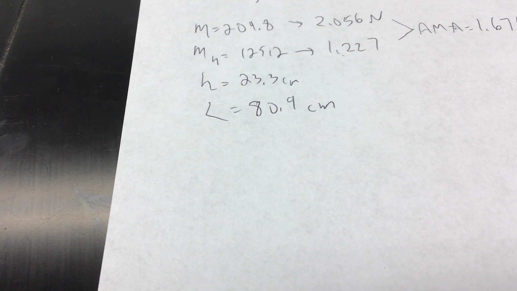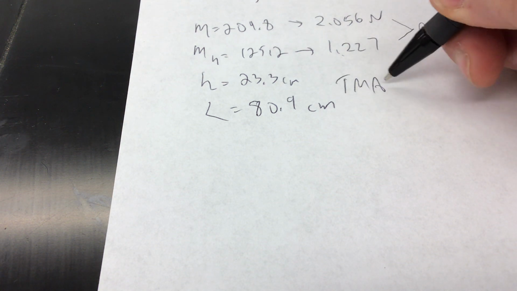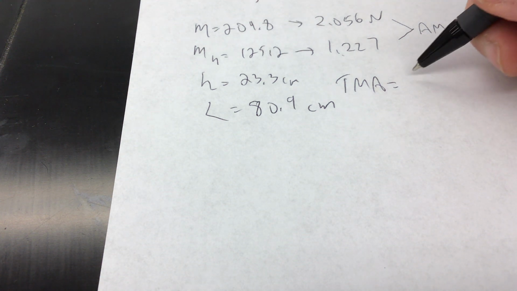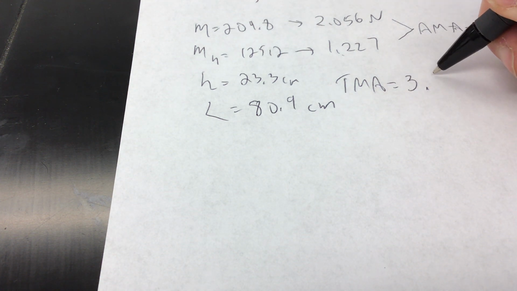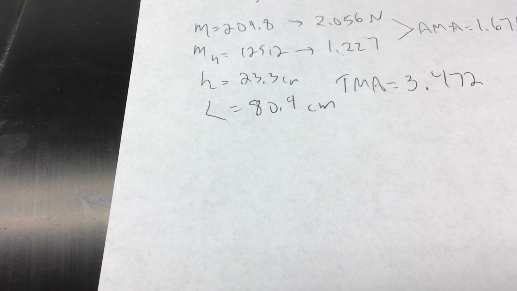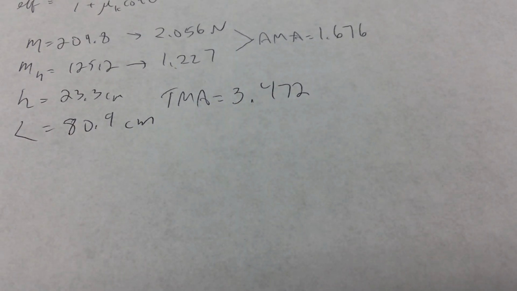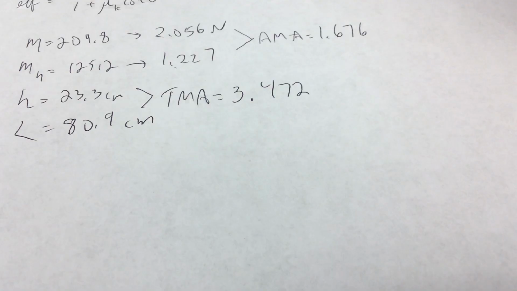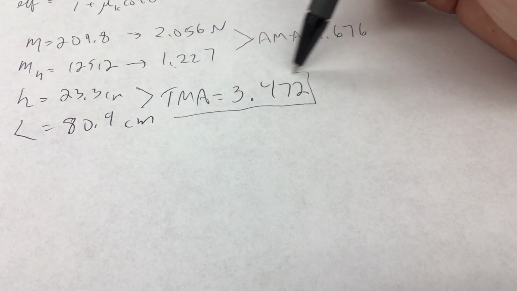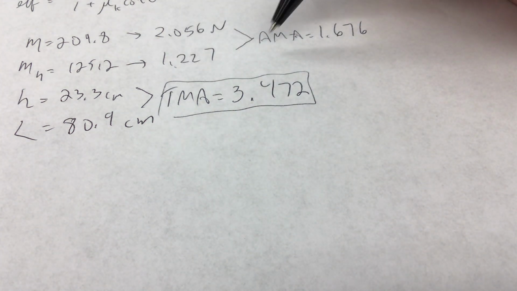So you take 80.9 divided by 23.3. You get a theoretical mechanical advantage of 3.472. Both of them are unitless, the AMA and the TMA.